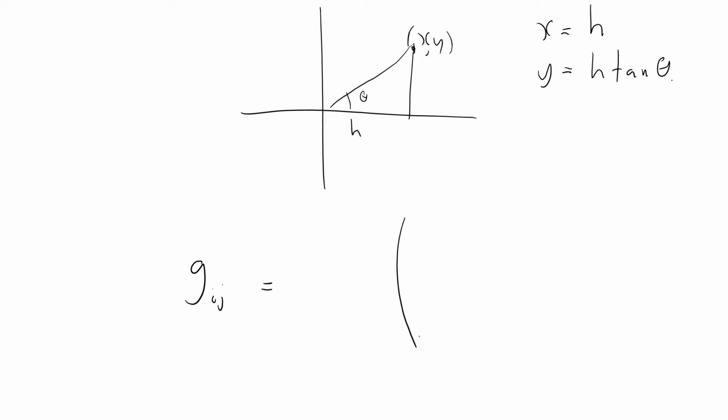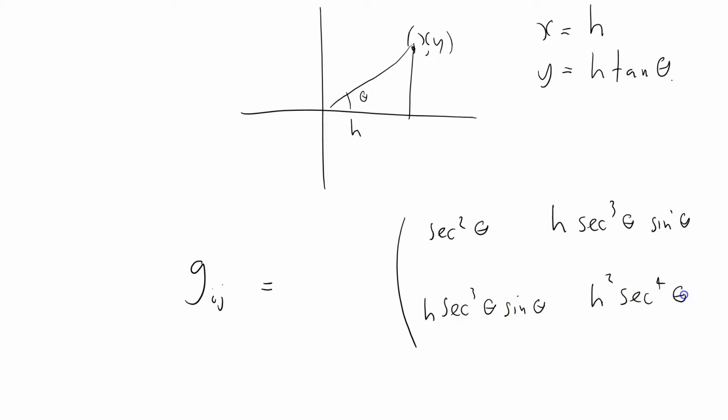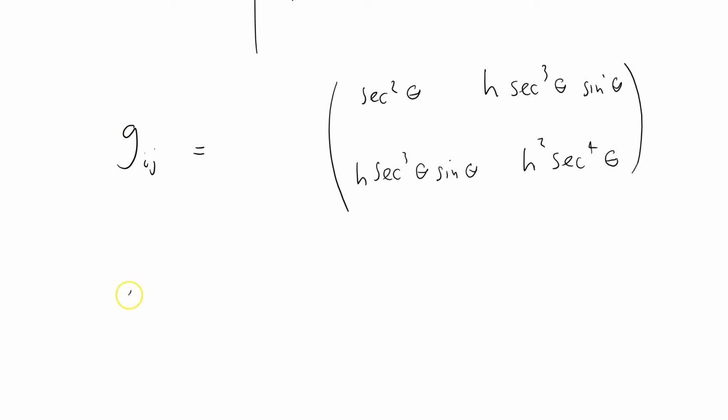It has a sec squared theta there, and I've been using this all along, so I'm not going to demonstrate it here. h sec cubed theta sine theta, h sec cubed theta sine theta, it's symmetric of course, h squared sec to the 4 theta. That's the h column, and that's the theta column, that's the h row, and that's the theta row. So for example, g theta theta is this term here, h squared sec to the 4.